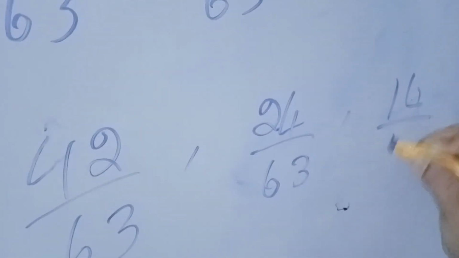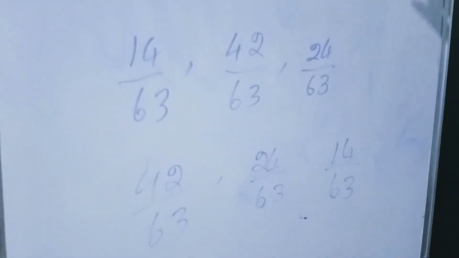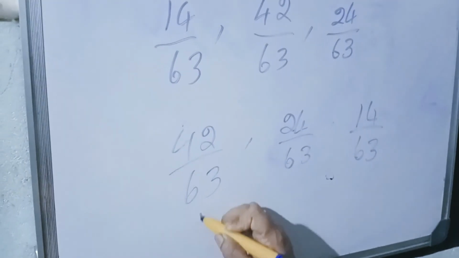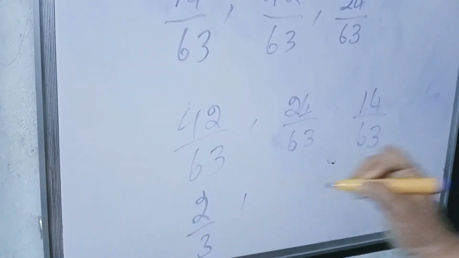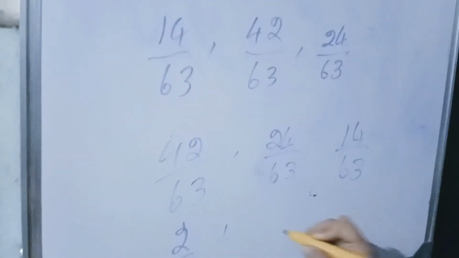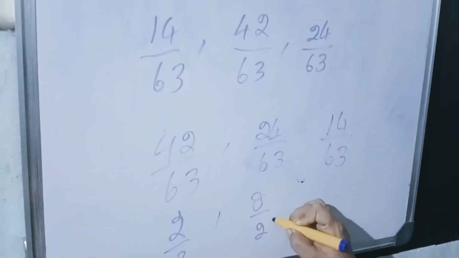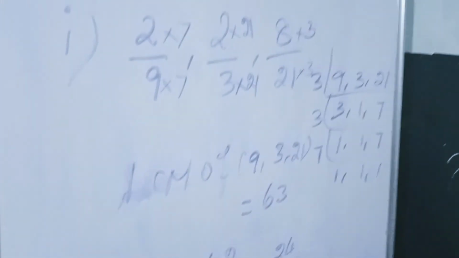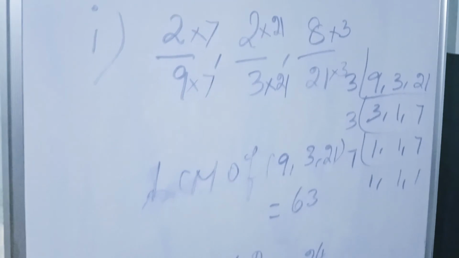Okay. So the same number you can write. 42 by 63 is 2 by 3. Then 24 by 63 is 8 by 21. The next one, 14 by 63 is 2 by 9. Okay.